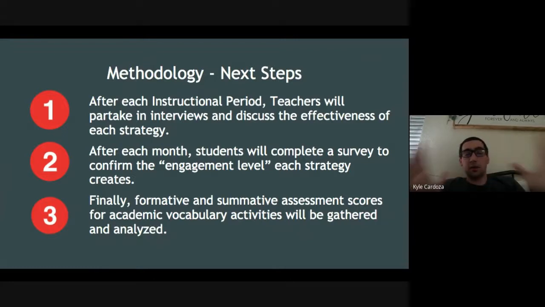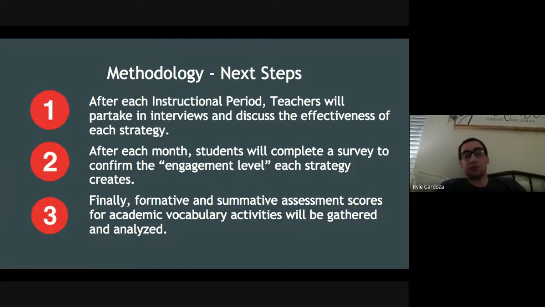At the end of our research, we can see whether there is a significant difference between one or the other, or maybe there's not that much of a difference. Hopefully there is a statistically significant difference. That is what is anticipated.